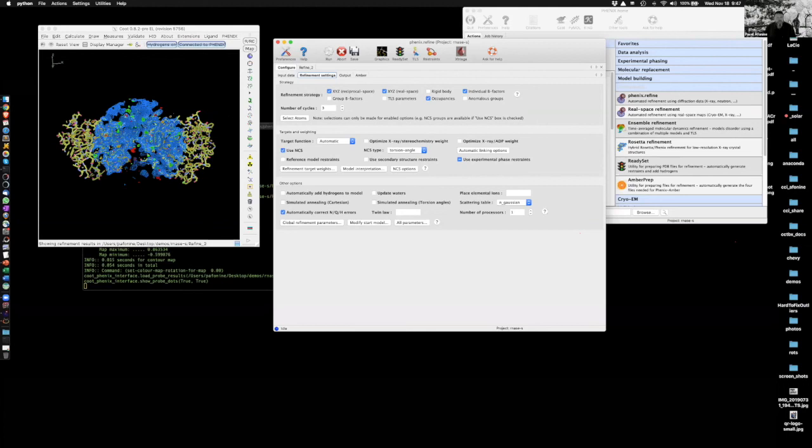So the program has an algorithm to detect what are going to be NCS related copies, but it may fail, and quite often it fails. So you always need to double check what the program thinks are NCS related copies. And this is how you do it: you check use NCS and you go to select atoms.